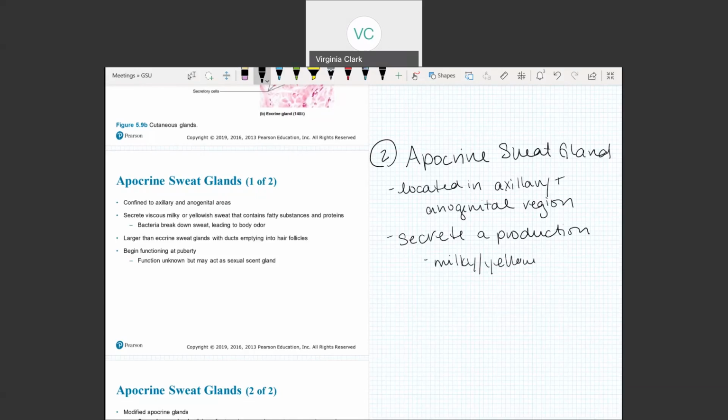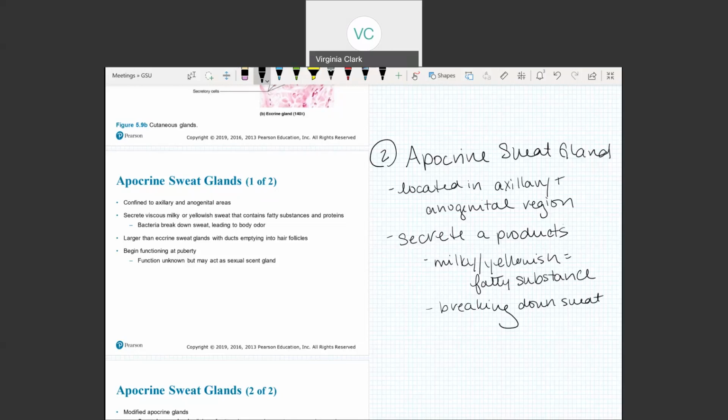And this is going to be due to a lot of fatty substance in these products. And what's happening here is this milky or yellowish fatty substance is actually going to include both fats and proteins, and these are going to be responsible for breaking down sweat. So it's actually going to break down the other product.